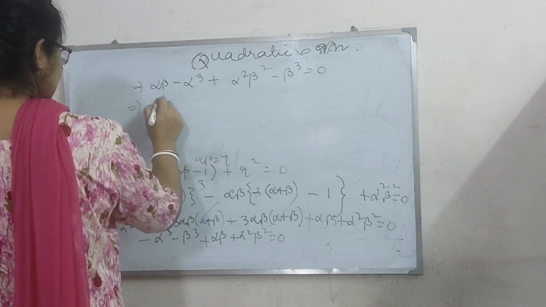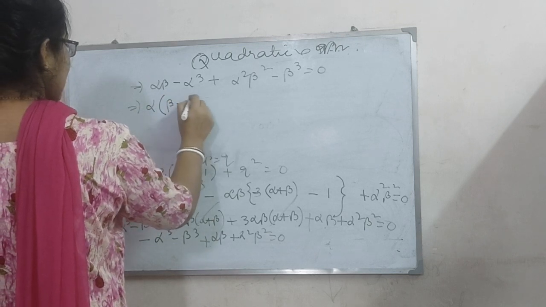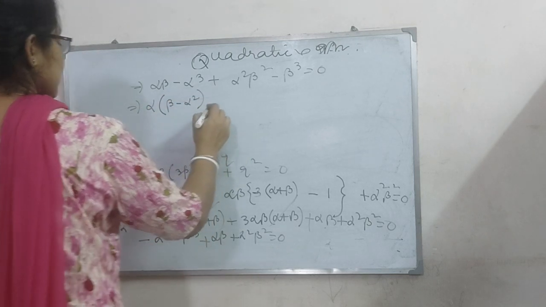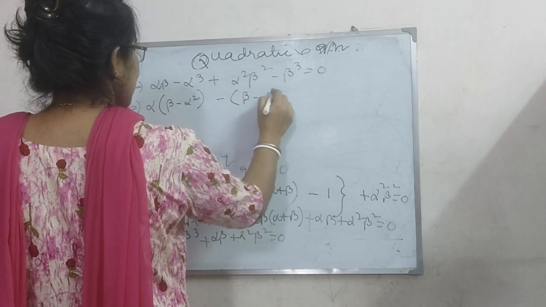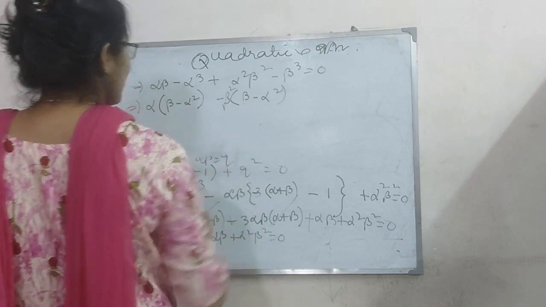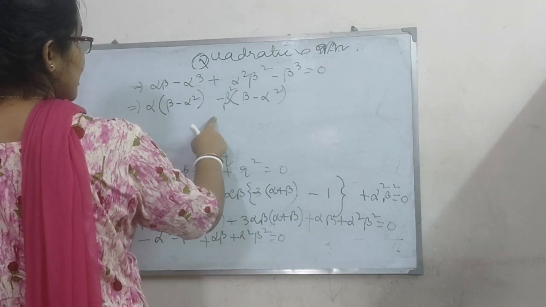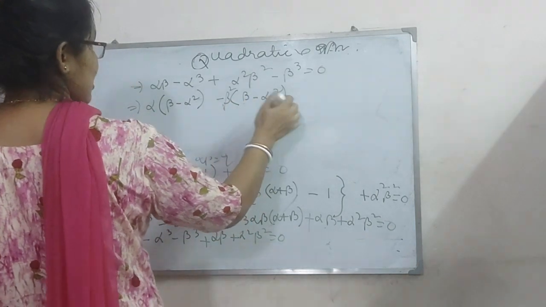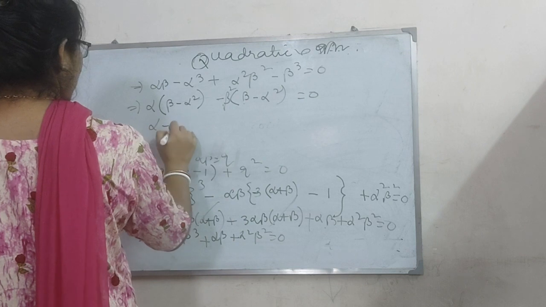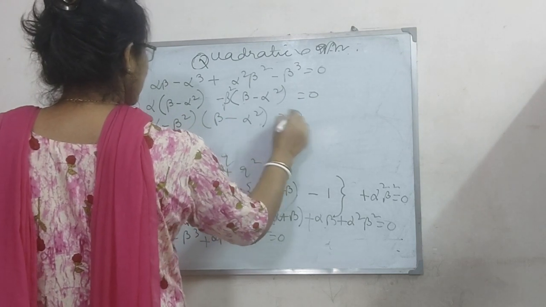Alpha is taken common from here, so I will get alpha (beta minus alpha square), and minus (beta minus alpha square). So beta square is common from here, I will get beta square (alpha minus beta cube), so (alpha minus beta square) and (beta minus alpha square) equal to 0.